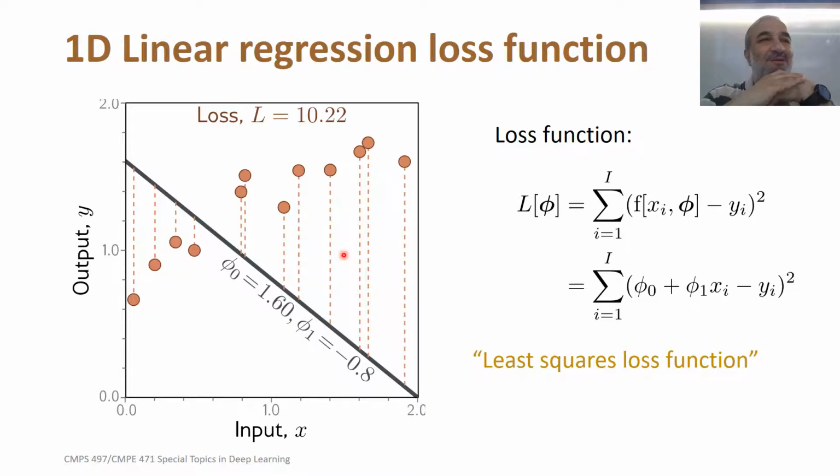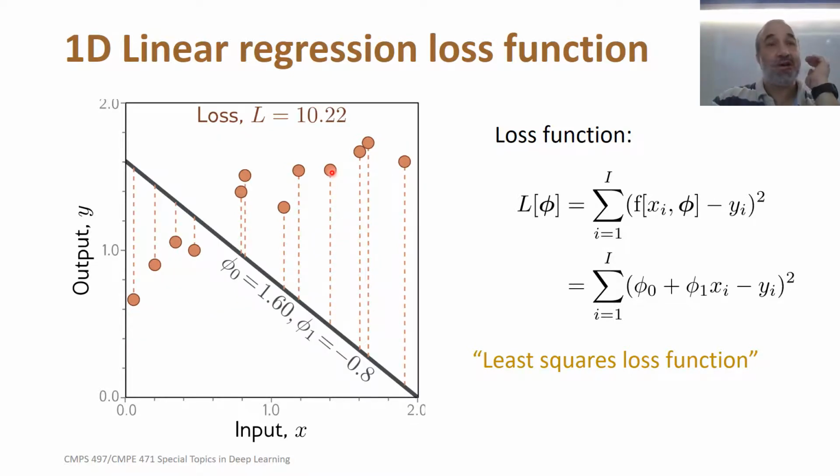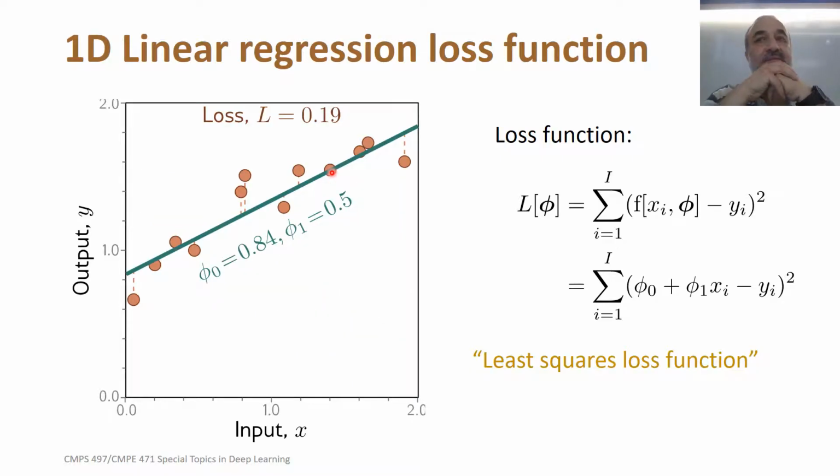Is that subjective, or can you say from the loss? The loss here is 10.22 and the other one was 7.11. So based on the loss function, this one is worse.